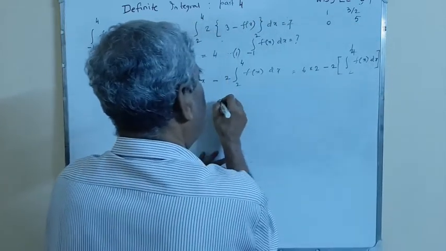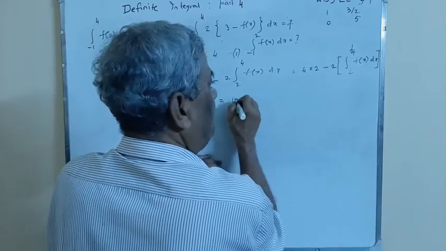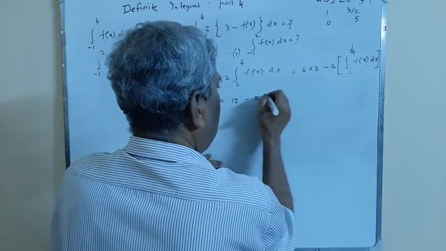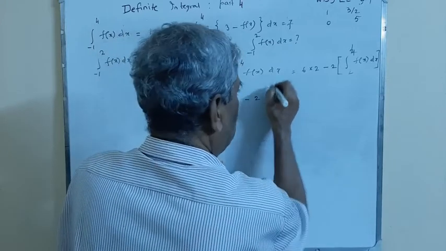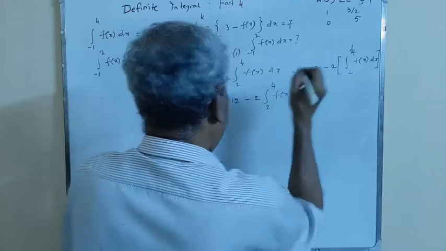That is, 7 is equal to 12 minus 2 into the integral from 2 to 4 of f(x) dx.